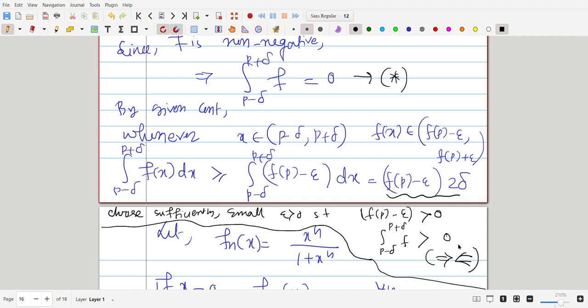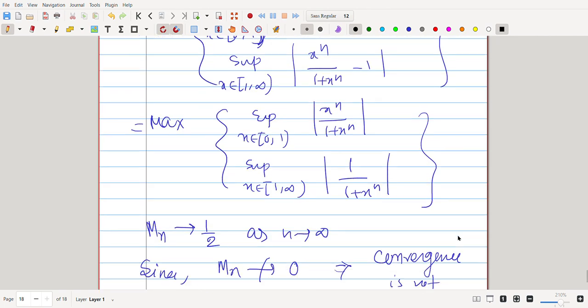Hence f(p) has to be 0 at each point of continuity. Okay, now what about the second part?